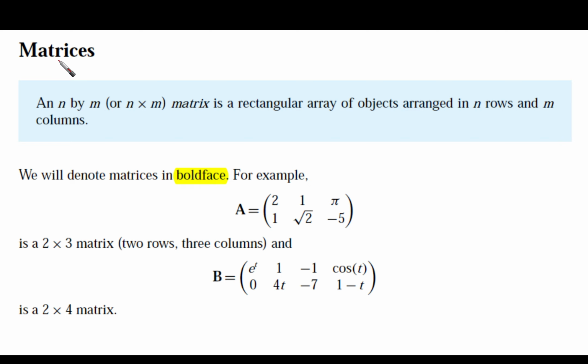Now, what is the meaning of matrices? Matrices are like a form in which we put a set of numbers. We use a specific form, and we fill this form with numbers.